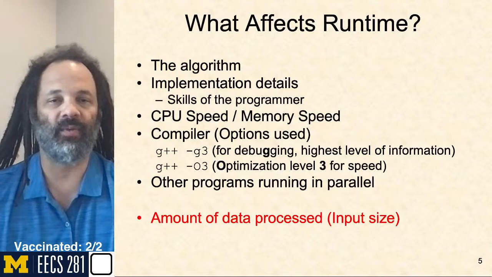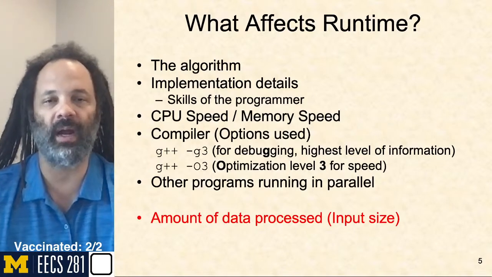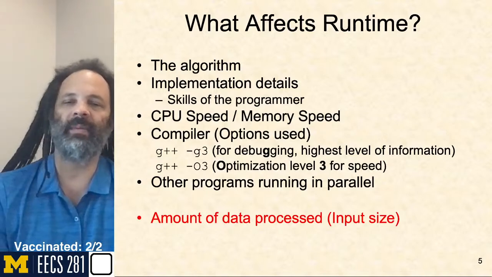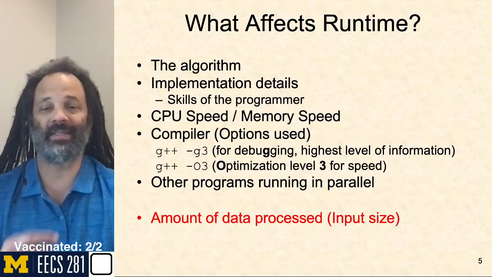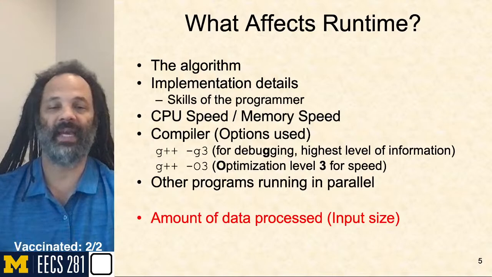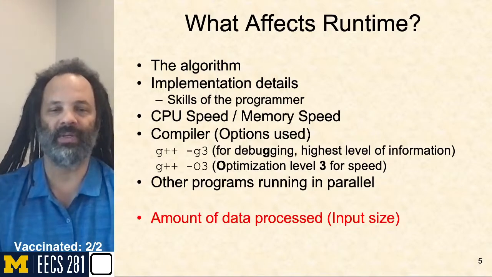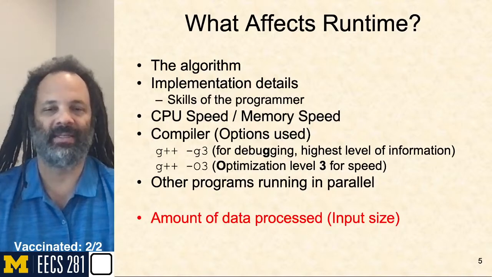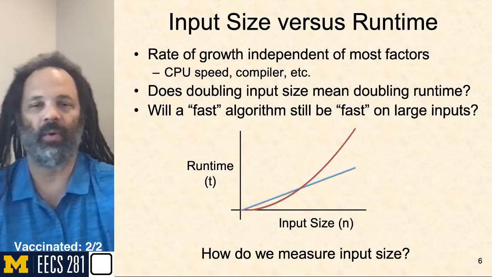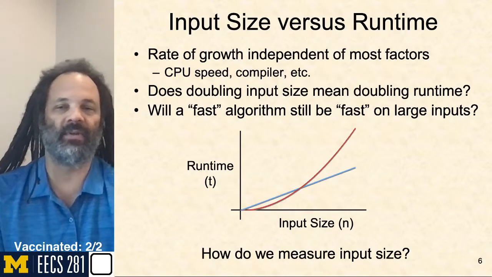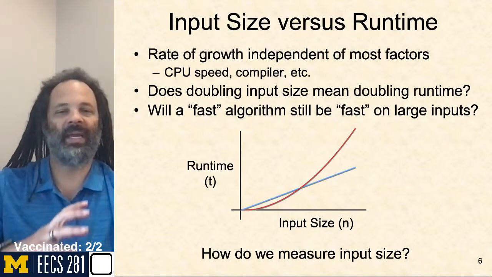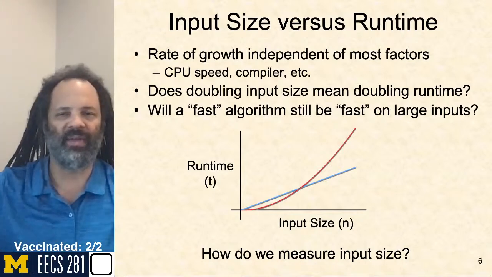Other programs, of course, running in parallel, they could be using the hardware. That'll affect the runtime. But one of the things that we're really going to be focused on here in the complexity analysis section is this amount of data processed. The input size is important. That N, the N that I'm processing, is really what's going to be important here. As we look at input size versus runtime, we're really looking at this rate of growth as being independent of all those other things.